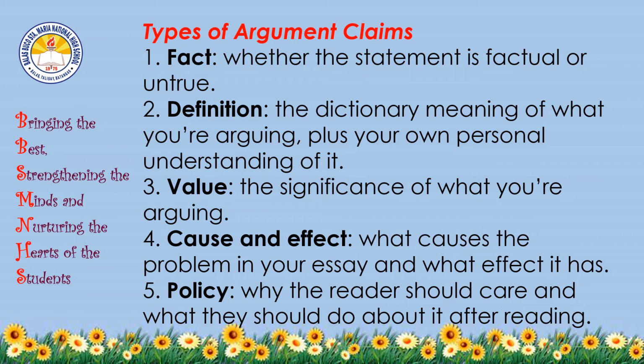Number 3 is the value. It refers to the significance of what you are arguing. And number 4, cause and effect. What causes the problem in your essay and what effect it has. And lastly, we have the policy. Why the reader should care and what they should do about it after reading.